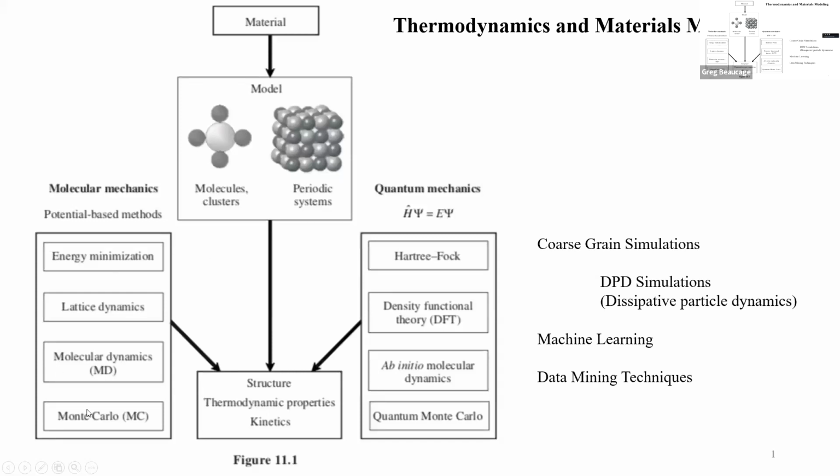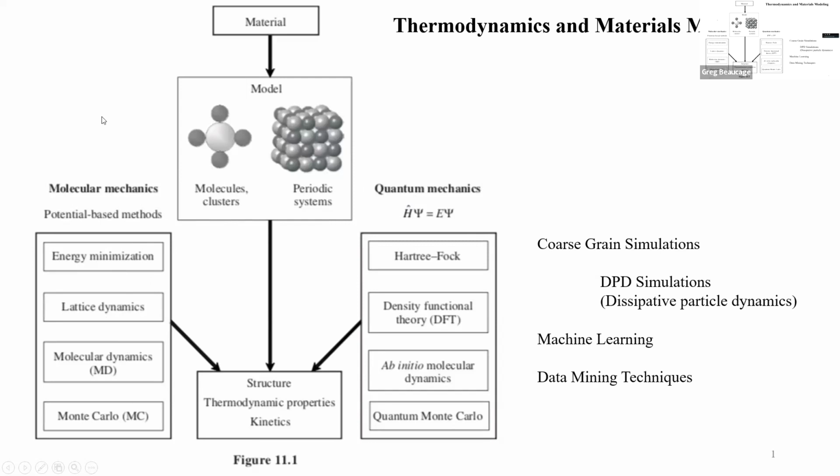But anyway, this is still just two scales, right? This is quantum mechanics, and this would be molecular, and then slightly higher than molecular, like colloidal. And when you go beyond that, there are reasons you would want to simulate things larger and larger.